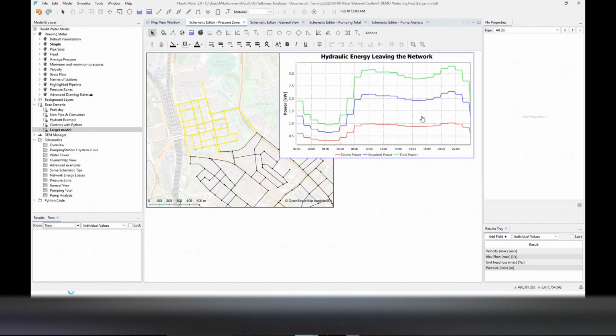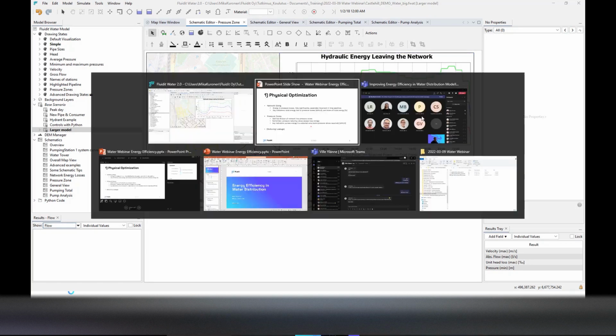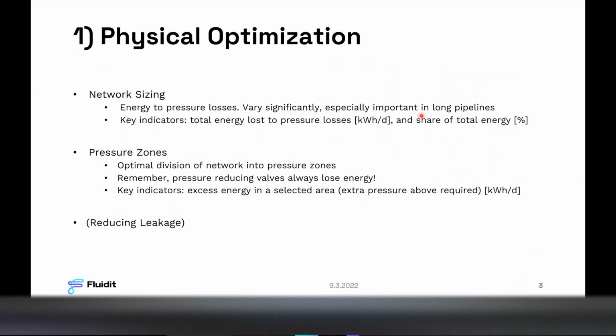And the second major thing why I think looking at energy is the best way is that it takes into account both the pressure and the flows. Because it doesn't matter that we have high pressures if there's very little consumption in that area. We're not then wasting much energy. So it also incorporates both the extra pressure and the amount of water leaving the network. So that's kind of a view to pressure zones and looking at energy instead of just pressure.